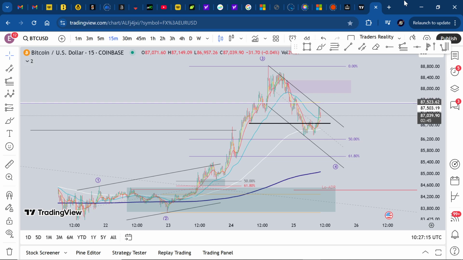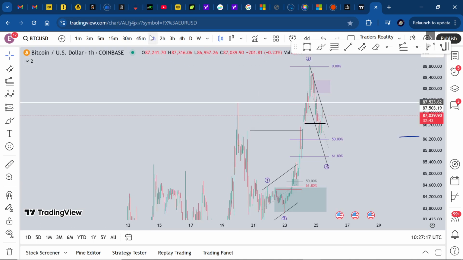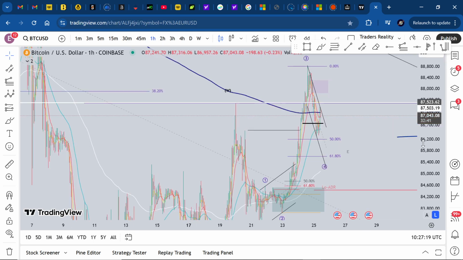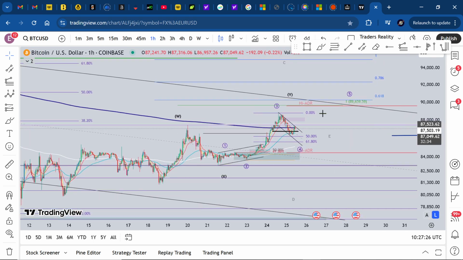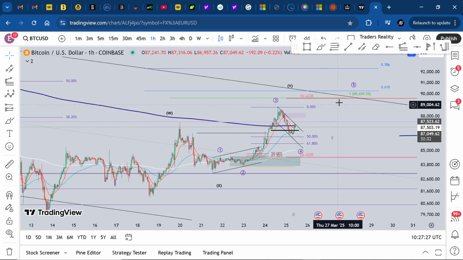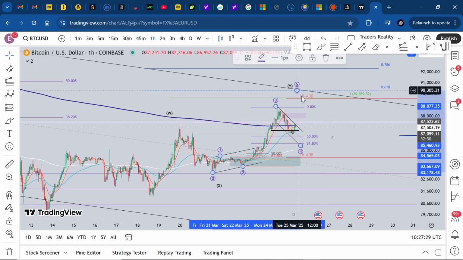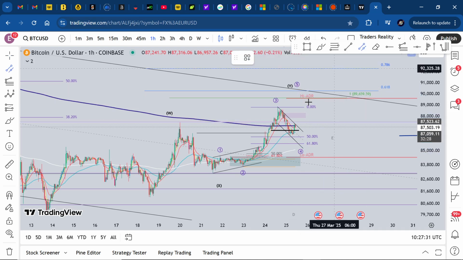Still bullish, still looking for buys currently. If that 618 is touched, I'm not looking for any more buys. And currently, I want to put some form of a target, even though I will come back on and probably redefine things.